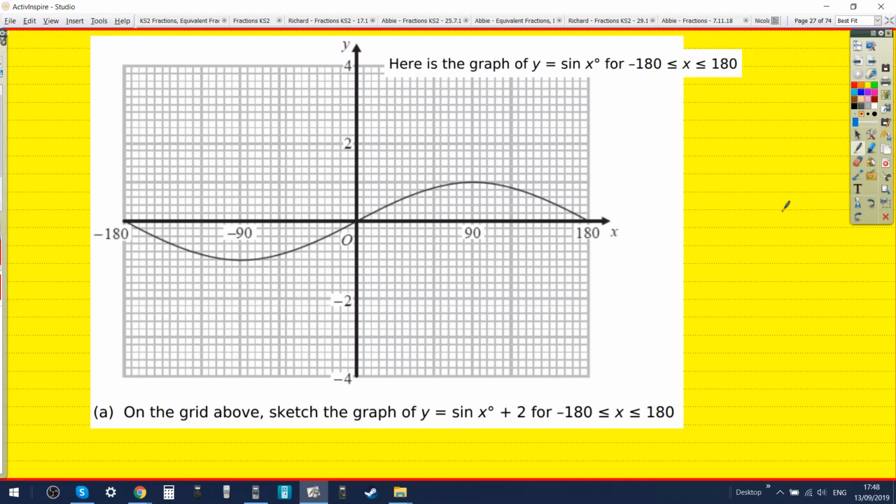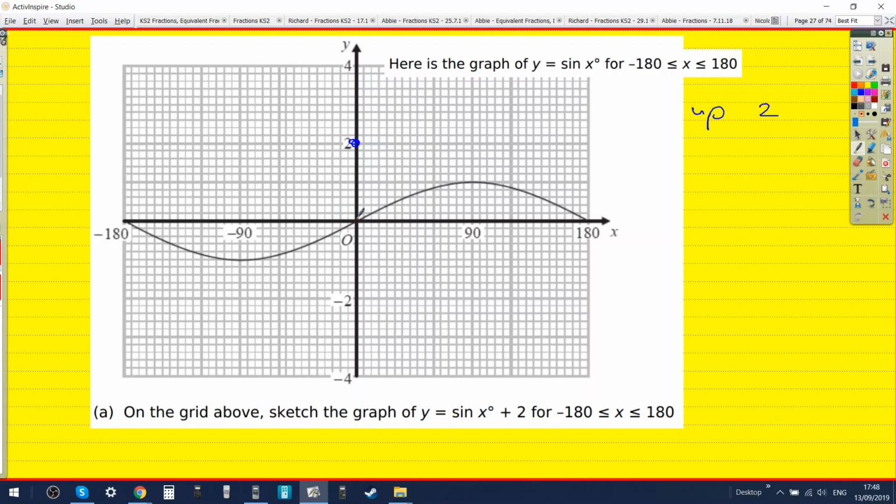Let's sketch y equals sin x plus 2. Okay, so it's going to go up by 2. So (0, 0) will go to (0, 2).